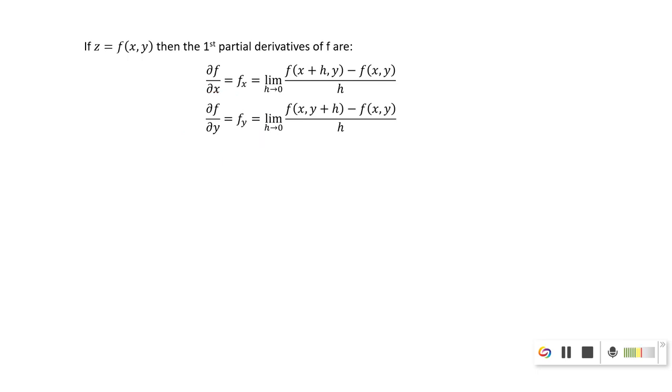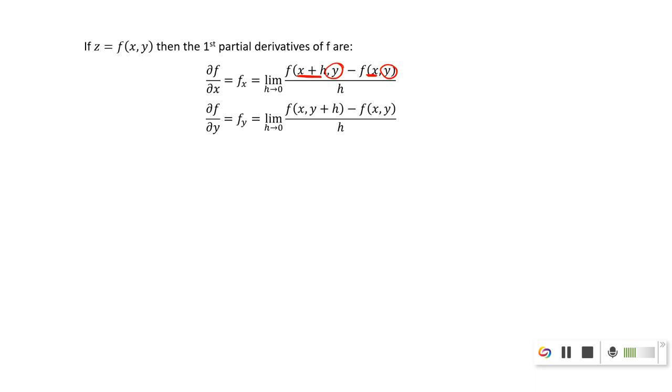The thing I want to point out with these limit definitions is that when you take the derivative with respect to x, we're taking the limit as h goes to 0 of f of x plus h, y, minus f of x, y. So the thing that's changing in our limit definition is the x's.